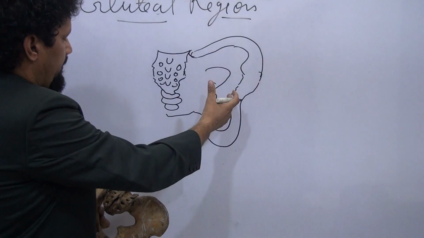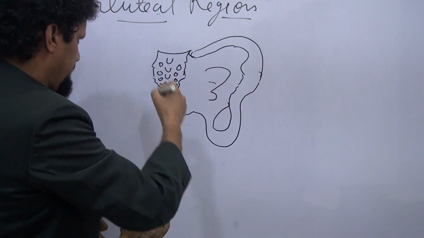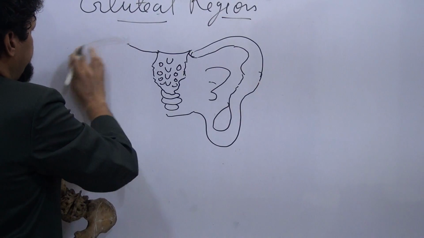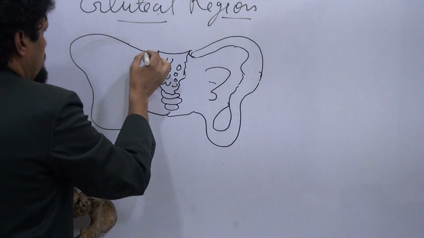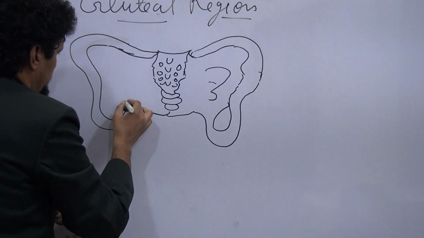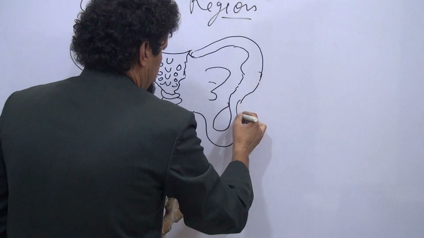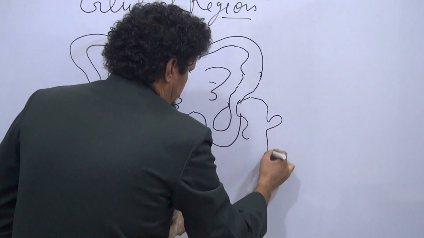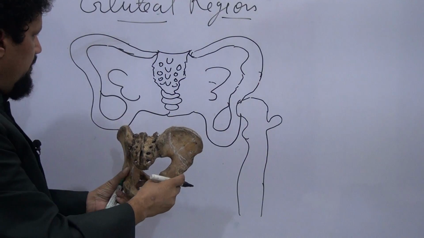So this is the pelvic bone, the posterior part of the pelvic bone, the sacrum and coccyx. Here I will draw the bone of the opposite side, articulating on the sacrum. And here is the head of the femur, lesser and the greater trochanter. So this is the bony anatomy of the gluteal region.